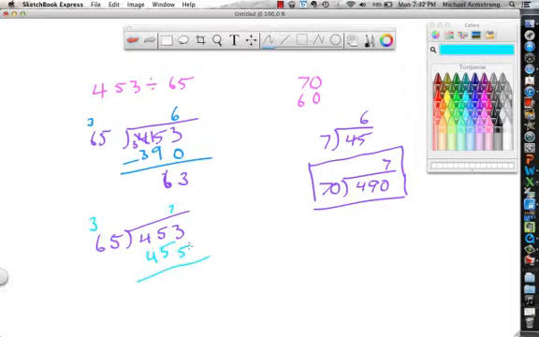We can't take 5 away from 3 without borrowing, and 453, this number is actually smaller than this number. This number is bigger, and we can't subtract it, so we know we've gone overboard and we have to use a 6.